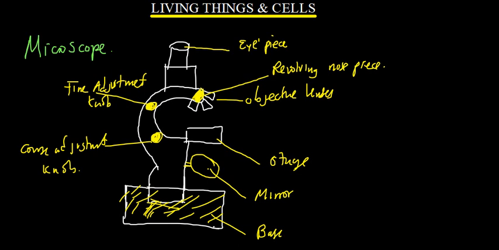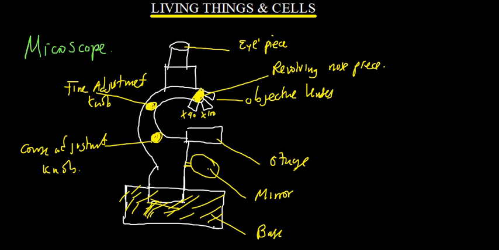The objective lenses are at different magnifications, so you can see if there is one at times 40, another one at times 100, or even lower like times 80. That times 80 just means the power of magnification, how far it can magnify.